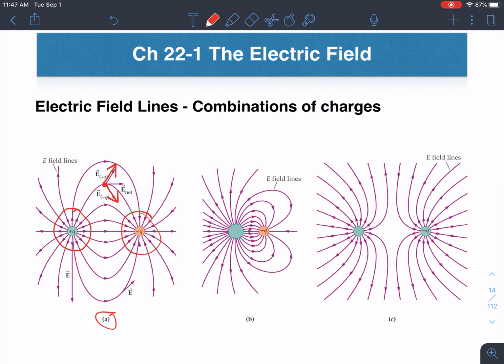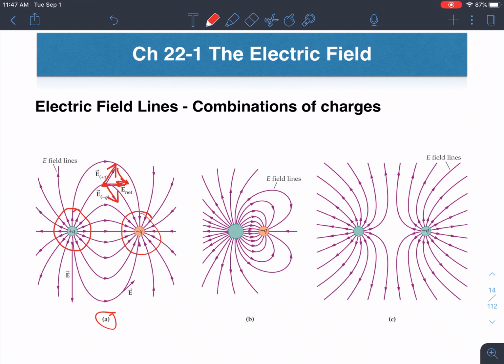And how do we find a net force? Not force, net electric field? We do either parallelogram or tip to tail method, right? As we learned. So we can take this one on top of that and then go back and draw the line and put an arrow on top. That's your net E field. So the net field at that point is to the right.